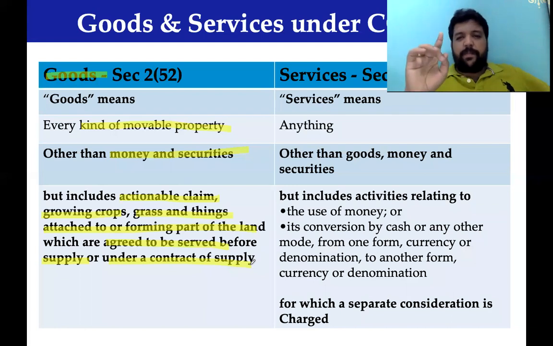Goods means every kind of movable property other than money and securities, and it includes actionable claim, growing crops, grass, things attached to the earth, which will be cut and served as part of goods. Core discussion: every movable property is goods other than money and securities. True? Can we move forward? Done? Yes.